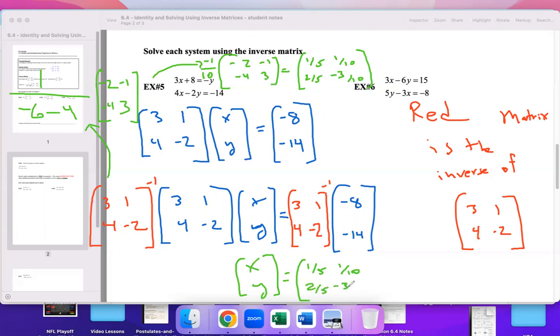And what's happening is that all this right here, what does that equal?